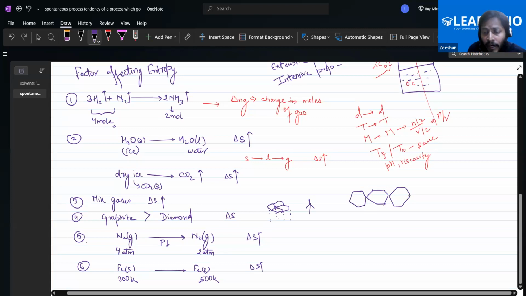See, these are graphite molecules. These are carbon atoms, and they are making bonds. You have had chemical bonding. So this is a covalent bond, carbon carbon covalent bond.